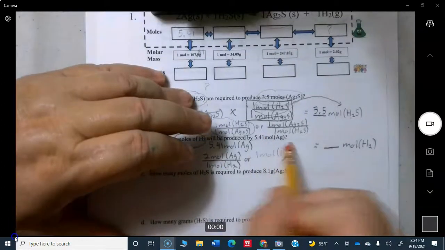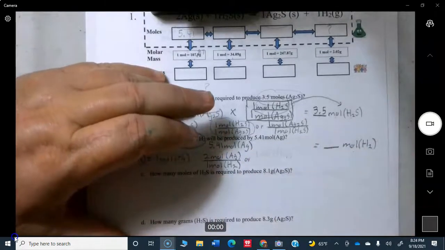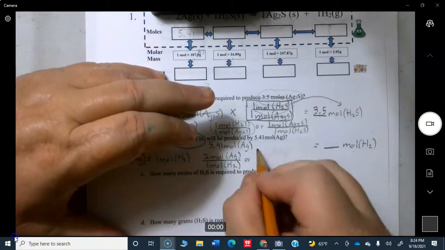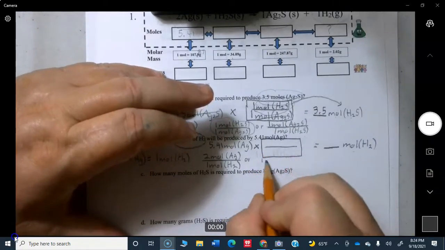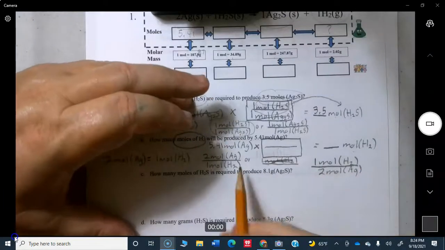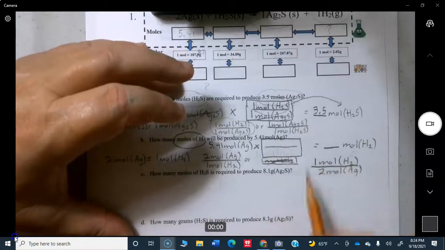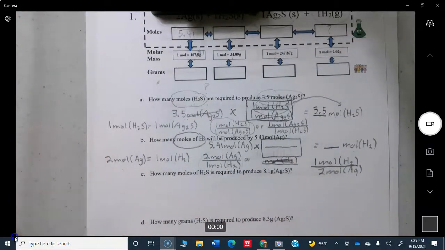Crowding myself a little bit here. So let me draw my box so I can save my space for this. I'm going to write this over here. Okay, so there's one of my conversion factors and there's the second one. So which one of these two is going to go in that box up there? Think about it.